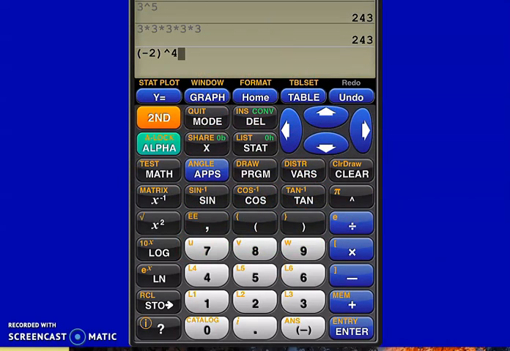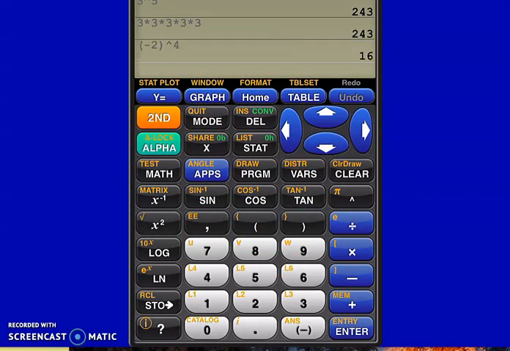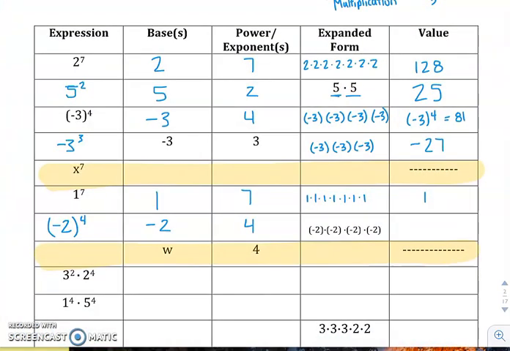It should give us a positive 16. If you typed in just the negative, it gives you a negative 16. It's taking 2 to the 4th power and then multiplying it by a negative. By using those parentheses, it's telling you it wants the whole quantity, the negative with it, to be raised to that 4th power. So parentheses are important.